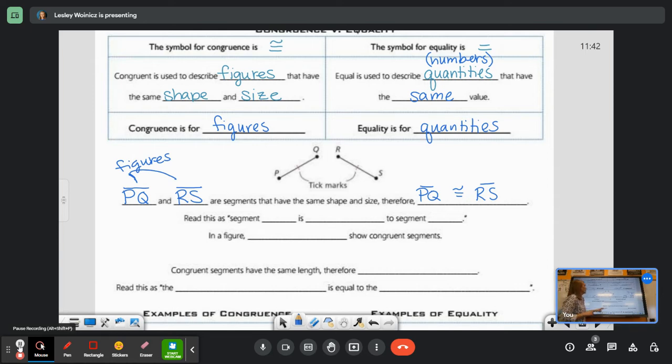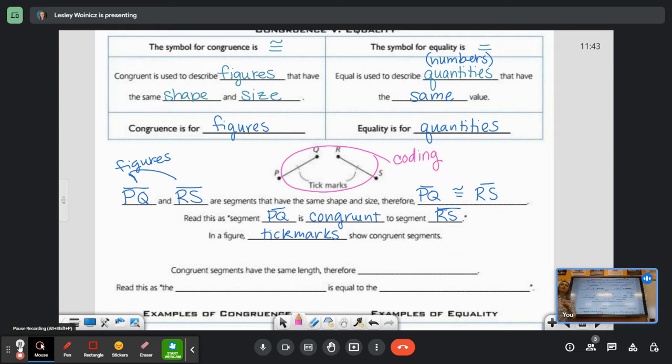So we can say segment PQ is congruent to segment RS. In a figure, these tick marks show congruence. These tick marks are one of our examples of coding.